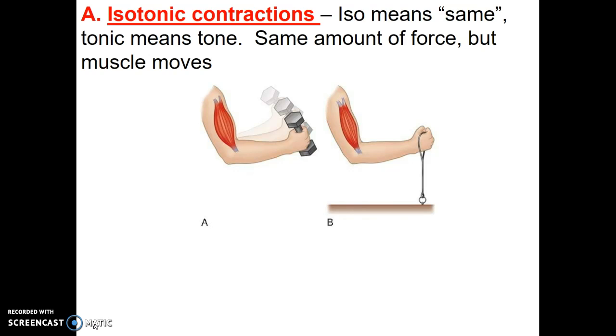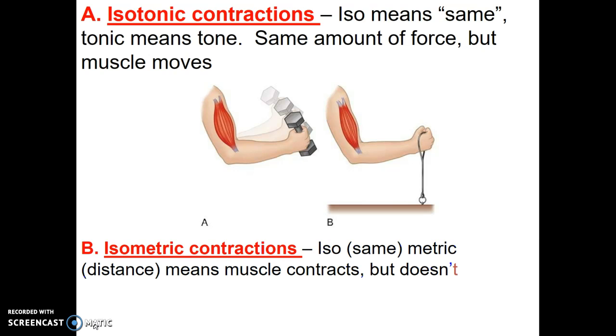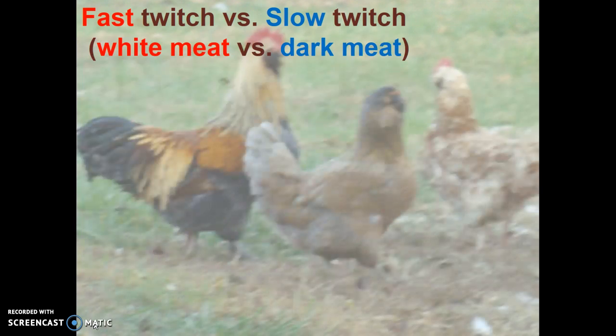It's not moving at all, right? So what term means distance? Okay, if you said metric, you're good. So isometric contractions means you're flexing, but that muscle's not moving. Not a meter, not an inch, not a millimeter. I mean, there might be a little wiggle down there, stretch of the cord, but not much.